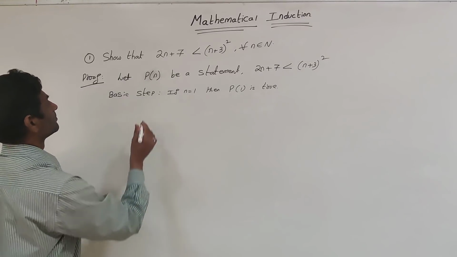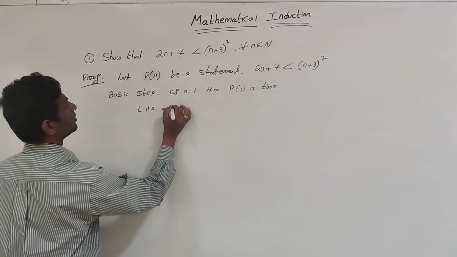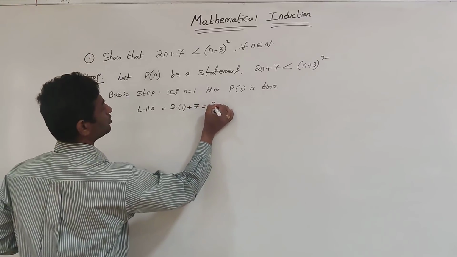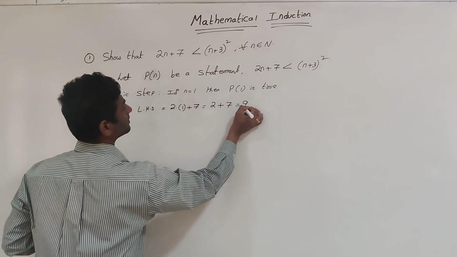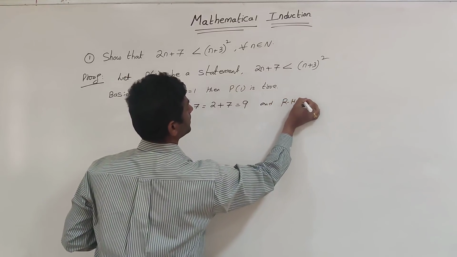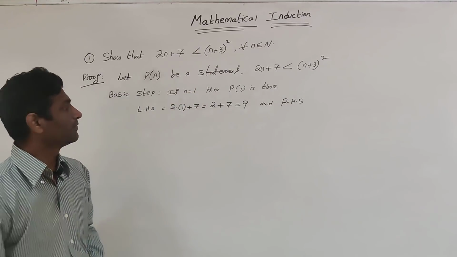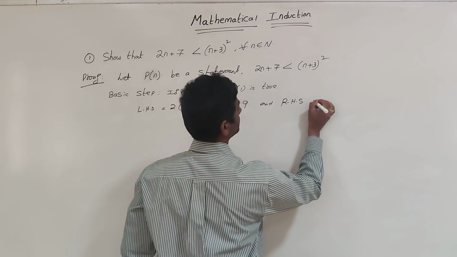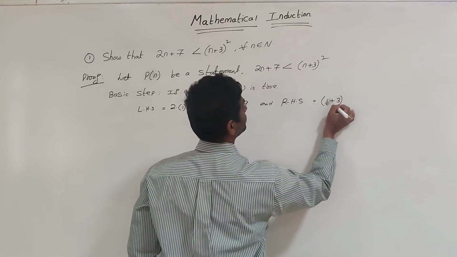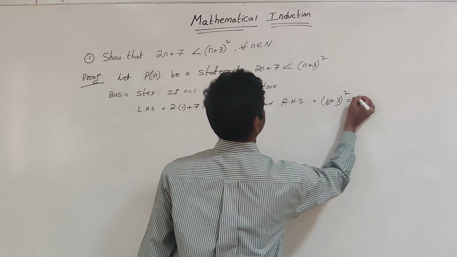Now let's see. LHS: 2 into 1 plus 7, that is 2 plus 7, equal to 9. And RHS, on the right side of the inequality: n means 1, plus 3 whole square, that is 1 plus 3 is 4, square 16.